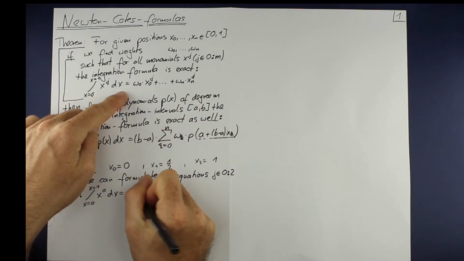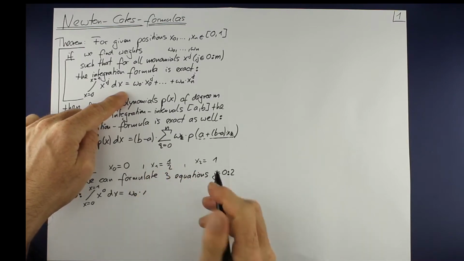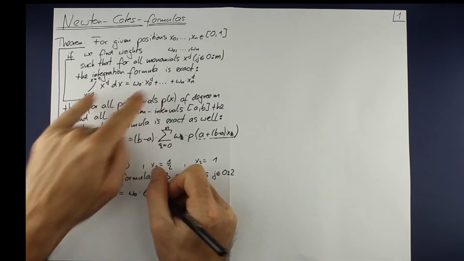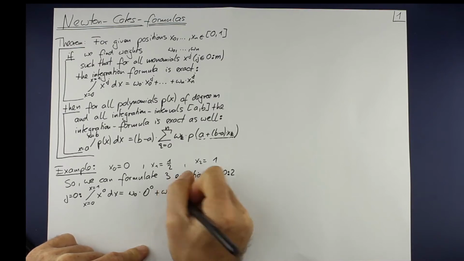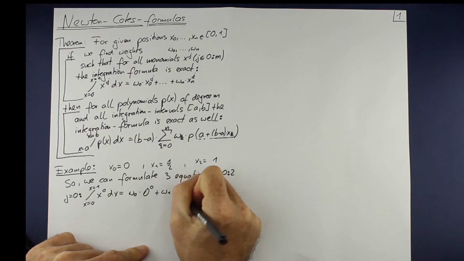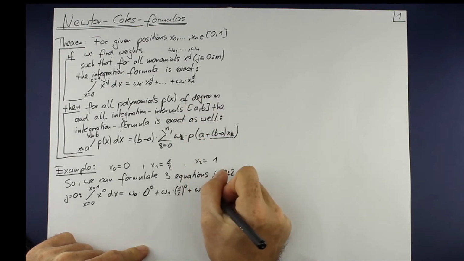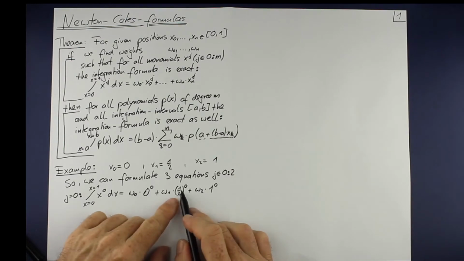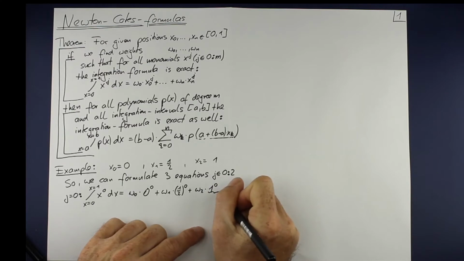So omega 0 times x0, and x0 is 0, so times 0 to the 0th power plus omega 1 times next position, so it's a half to the 0th power plus omega 2 times the last position to the 0th power. So what is something to the power of 0? Something to the power of 0, this is 1.